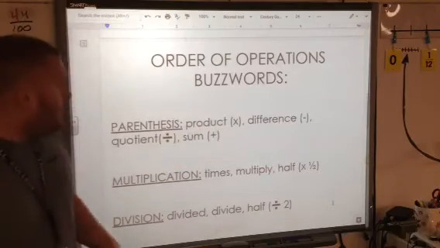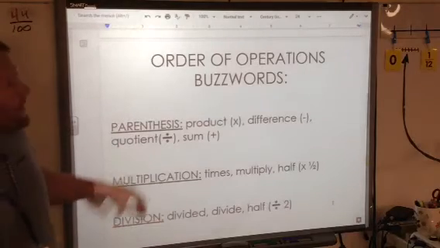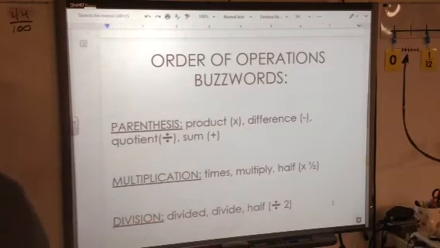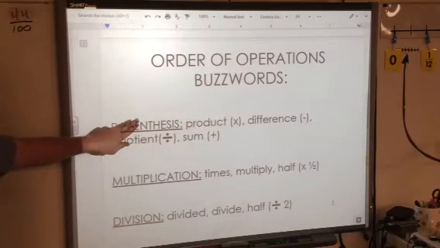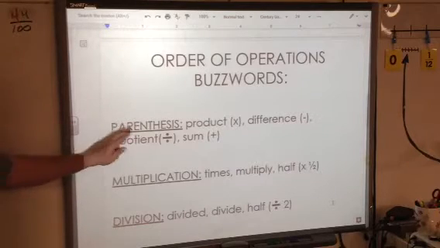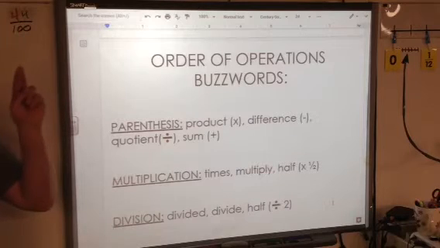Product is the result of multiplication, difference is the result of subtraction, quotient is the result of division, and sum is the result of addition. This one's going to be the trickiest one. This is the one that's going to slip us up. So pay attention to those buzzwords, because typically the result of whatever operation means parentheses.